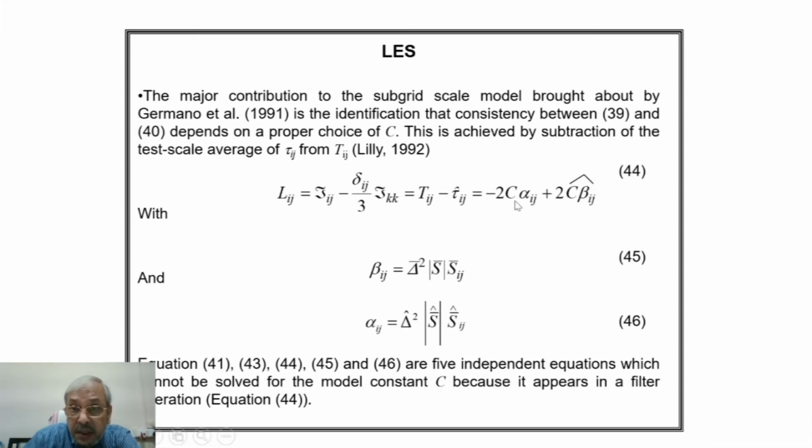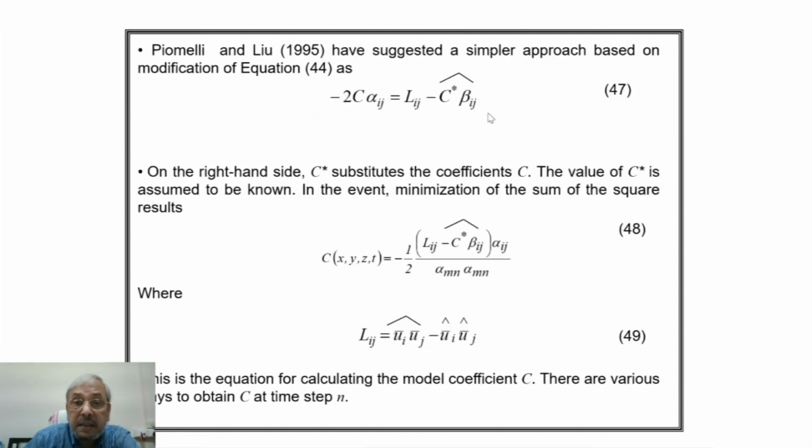twice C alpha ij equal to Lij minus C star beta ij, where C star is substitute C. The value of C star is assumed to be known. In the event, minimization of the sum of the square results.